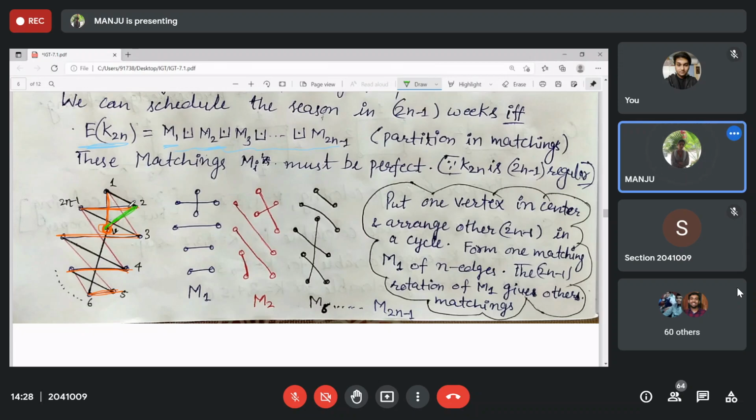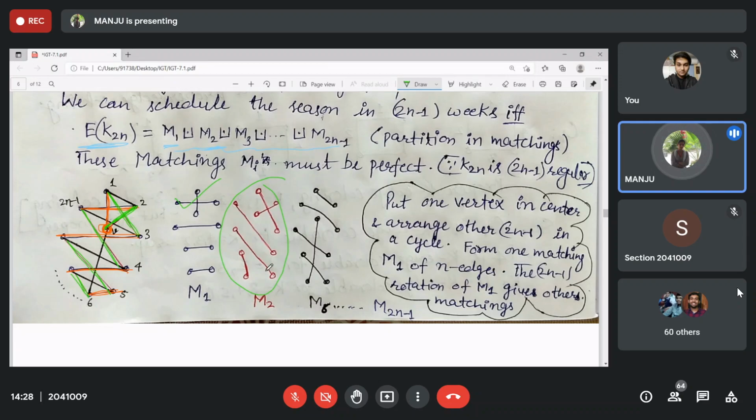This edge will be tilted like this, then this edge becomes this one. You can see M2. Initially, it was this one.